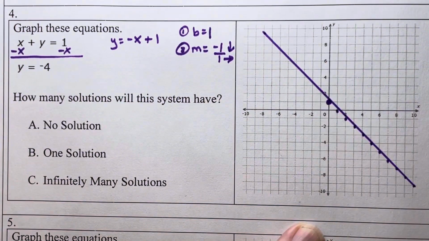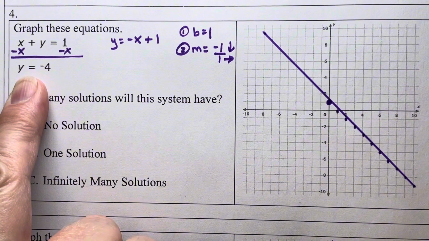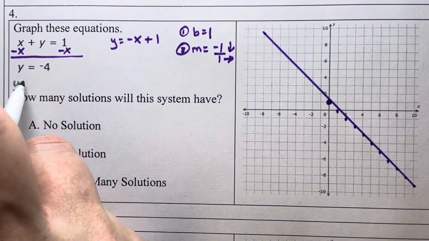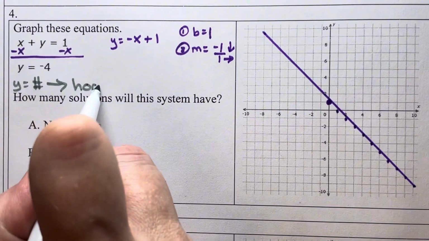Okay, now we're going to graph our second equation where we have y equals -4. And we've seen in previous problems and in lots of previous lessons that when y equals a number, we know we're going to have a horizontal line.